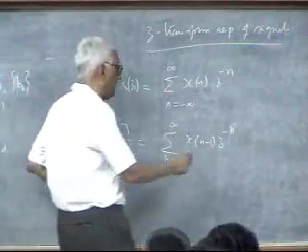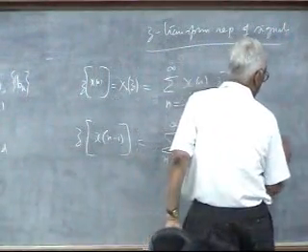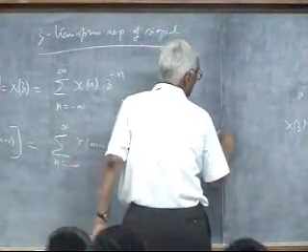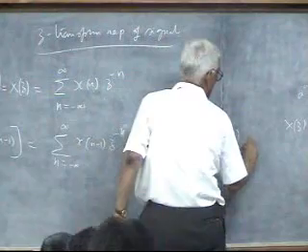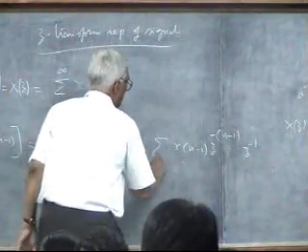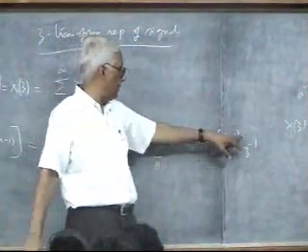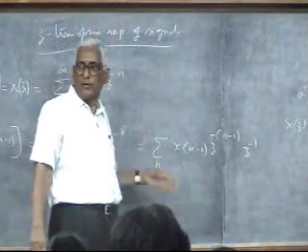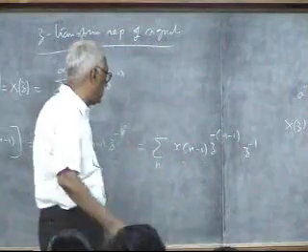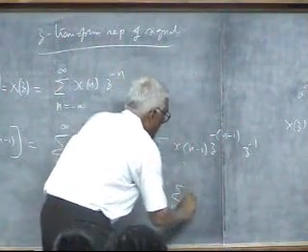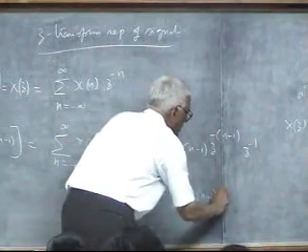Now, you write the following: this exact Z to the minus n, you write it as Z to the minus of (n minus 1 plus 1). So now you can see this is Z to the minus 1 times the summation of x[n minus 1] Z to the minus (n minus 1).